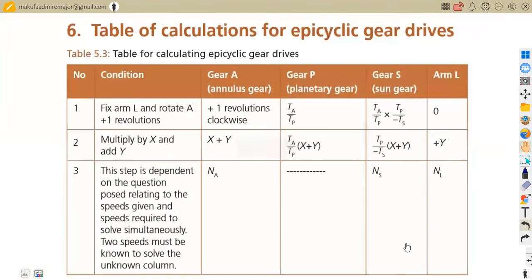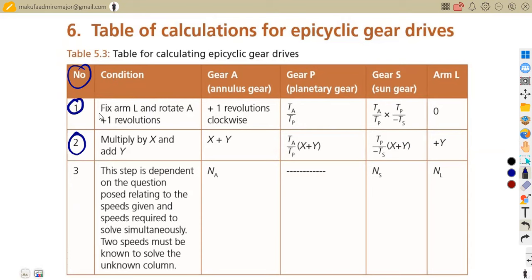Then on your table, which is the table of calculation, that is our table of motions in this case. This is how it is always going to look, all right? We are going to have the number considering what you are given there. Sometimes it can be up to 4 stages, all right? Then the condition, as we saw, the first condition and the second condition, you are supposed to know them by heart.